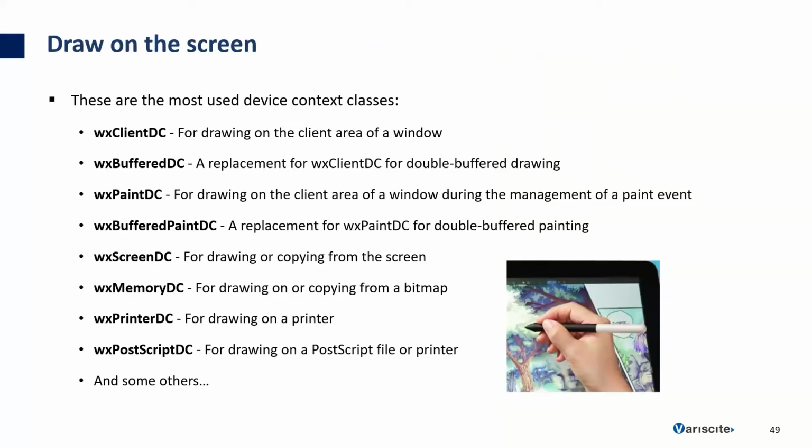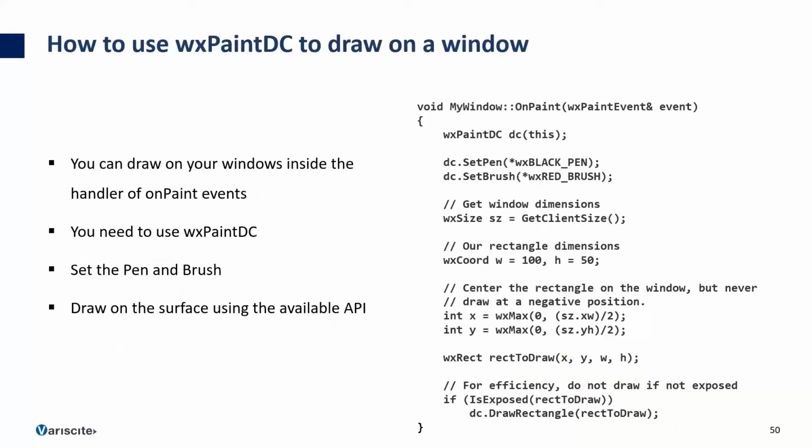The device context can be provided in several ways. Here is a list. You can address the memory, the printers, the screen, whatever you like. This is just a list for your own use, but here we will just use the standard client DC. This is a sample with the paint DC.